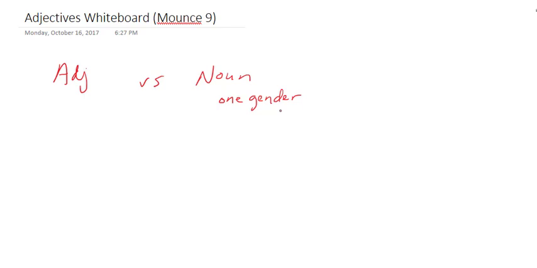A noun in Greek is marked for only one gender. So, what gender is exousia? Feminine. Good. What gender is logos? Masculine. Okay. Adjectives, on the other hand, are marked for all genders.